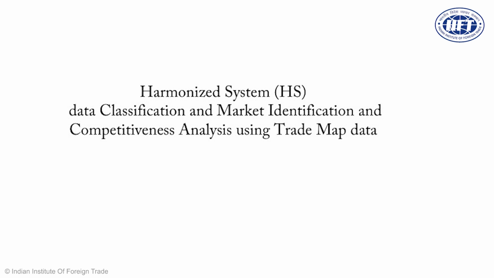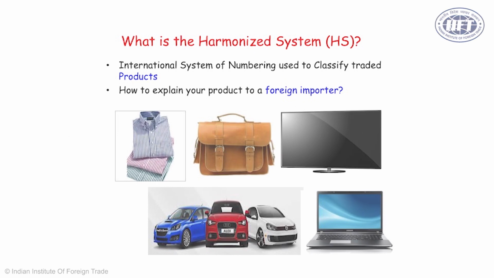So let's start with the discussion on understanding the trade databases and market identification. To begin with, we will talk about the harmonized system of trade data classification. Now, why do we require a trade data classification? When you export a product, essentially you are exporting, suppose, a 100% cotton shirt, a bag, or a vehicle, but the vehicle can be, let's say, an 800cc engine vehicle, a 1000cc engine vehicle, or a 1500cc engine vehicle.